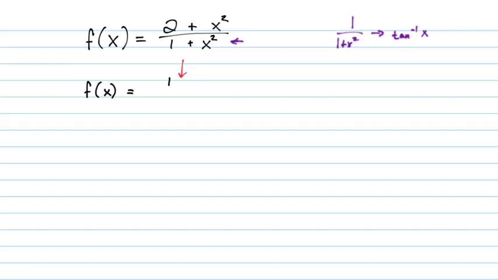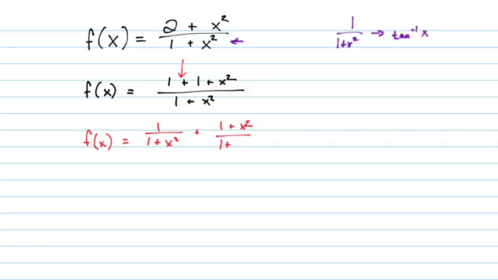So first I'm going to take this in very small steps. I'm going to split that 2 into 2 pieces, quite literally. And then I'm going to separate my fraction into 1 over 1 plus x squared and 1 plus x squared over 1 plus x squared.